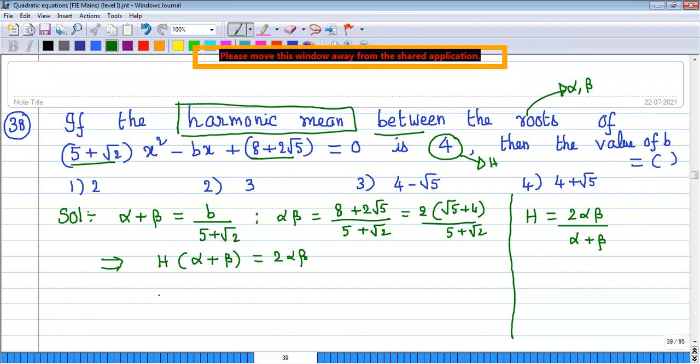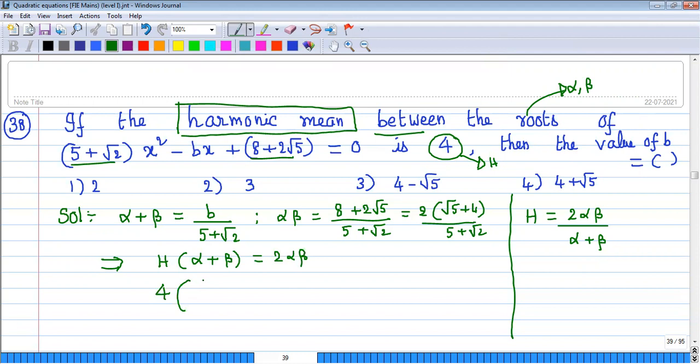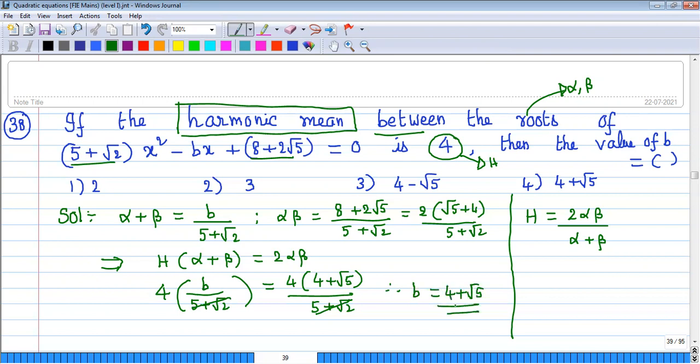H is 4, alpha plus beta is b upon 5 plus root 2, 2 times alpha beta will be 4 times 4 plus root 5 upon 5 plus root 2. Simplification: 5 plus root 2 gets cancelled, 4 gets cancelled. Therefore, b value equals 4 plus root 5. So the fourth option is the right option.